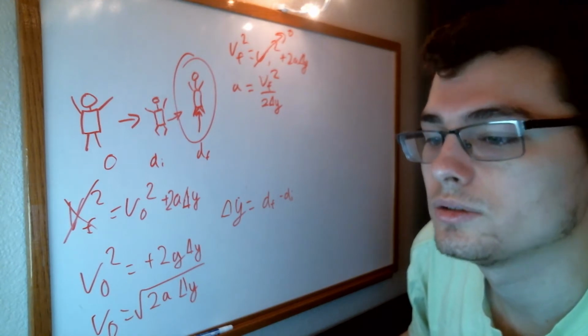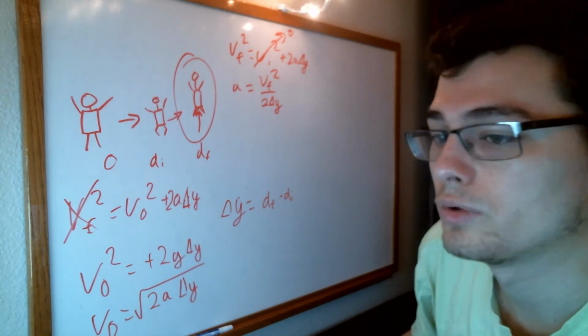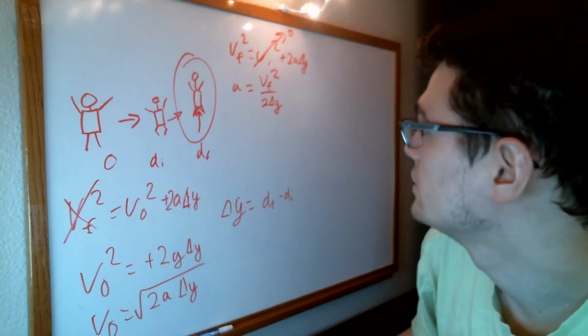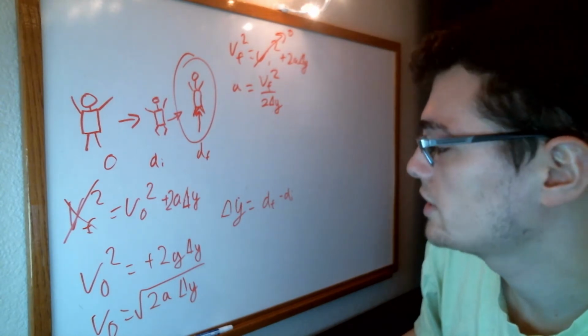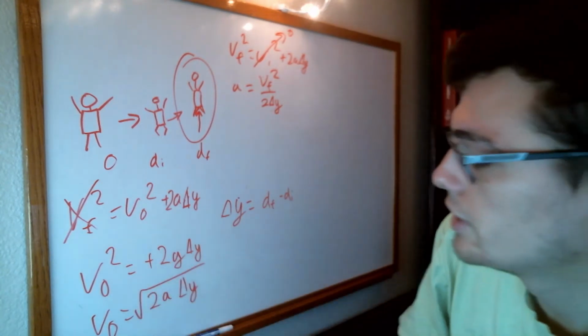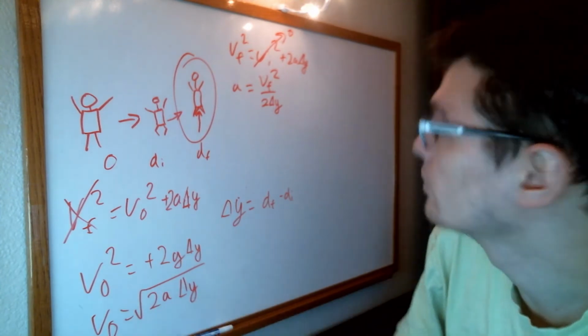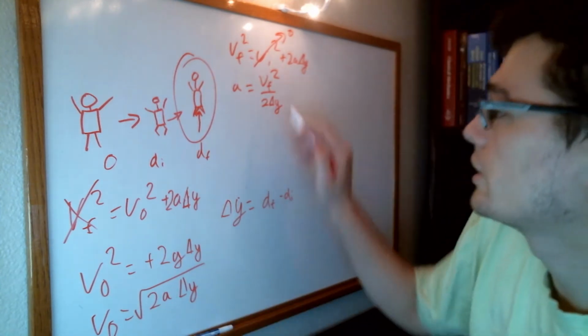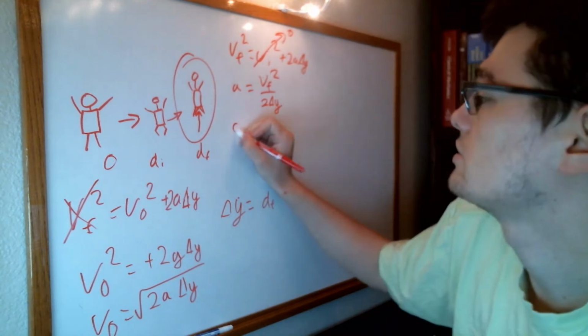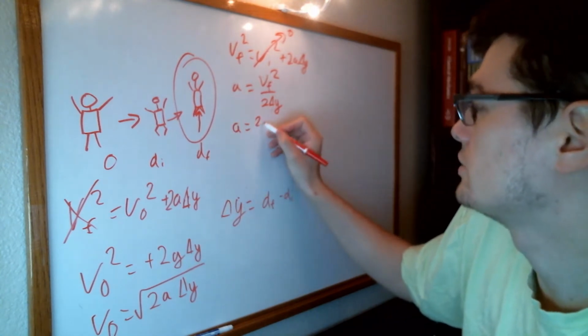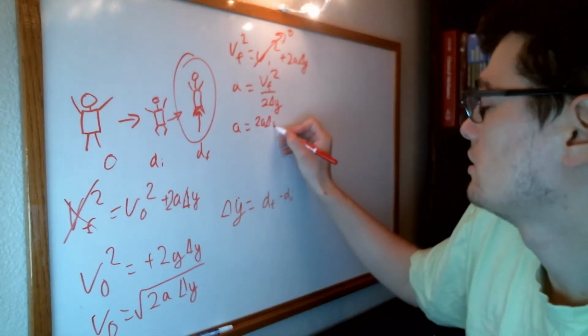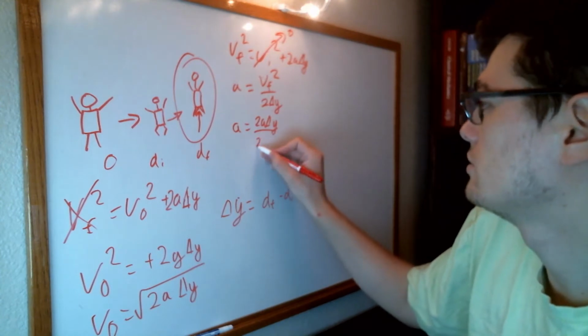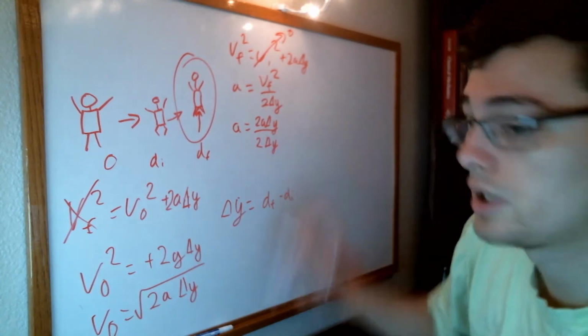And so now what we're going to have here is, in this case, the initial velocity that we solved for earlier is going to be the final velocity in this case. So then we can say that A is equal to 2g delta y over 2 delta y.